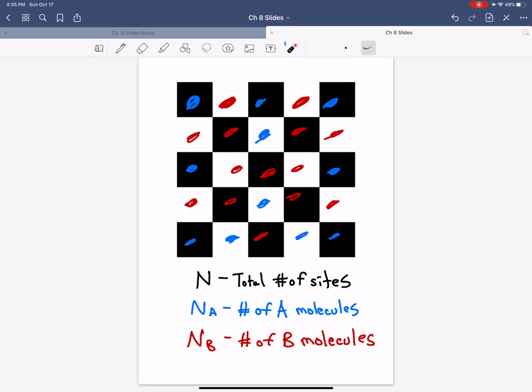But the picture we're looking at now is only one possible combination of how we can arrange the molecules. Another conceivable instance, let's say we just switch the places of some of the red and blue molecules.